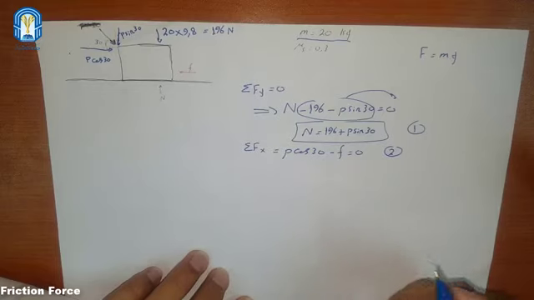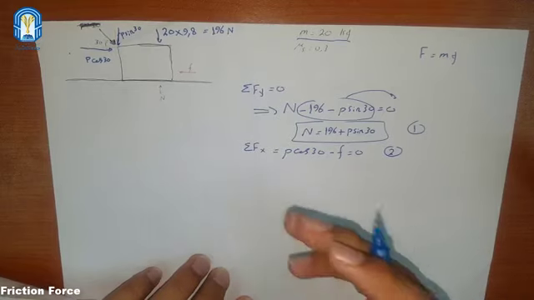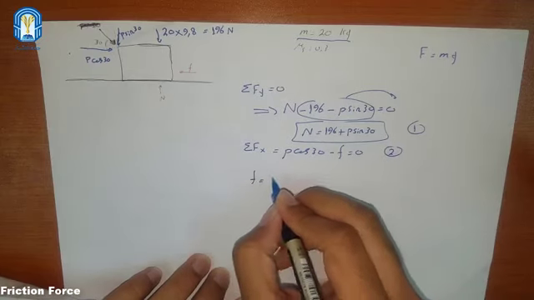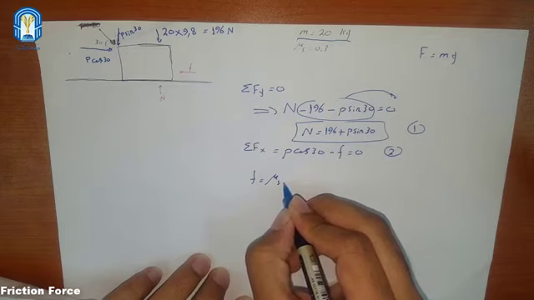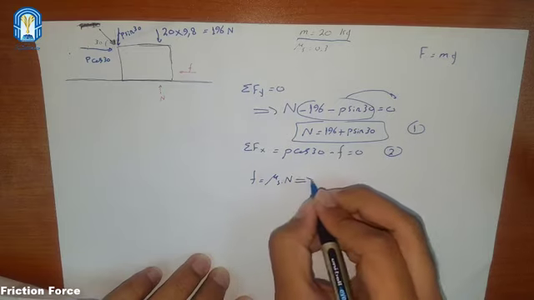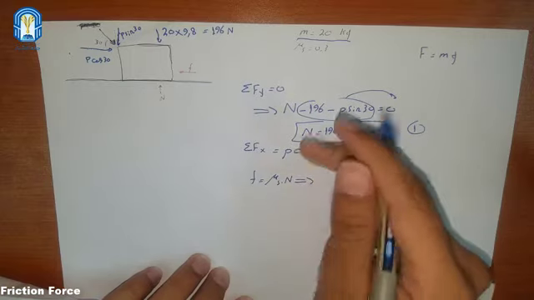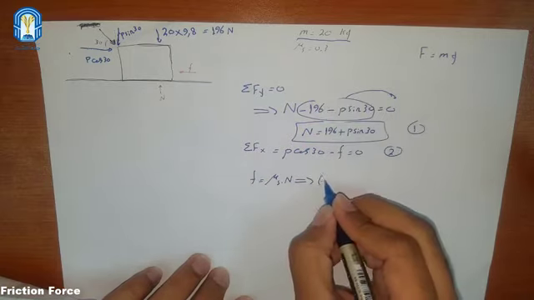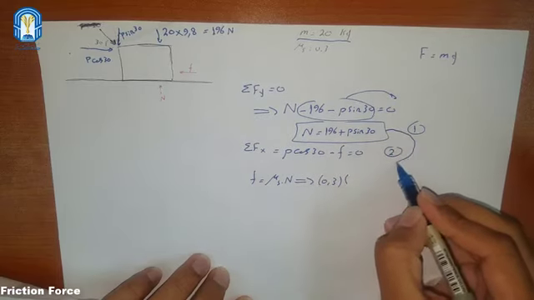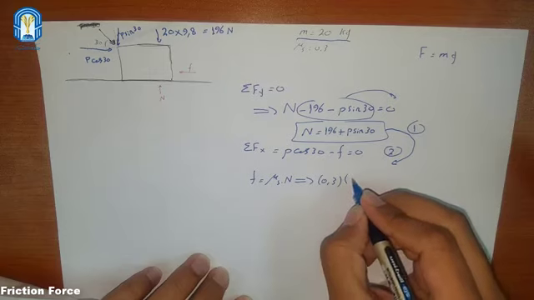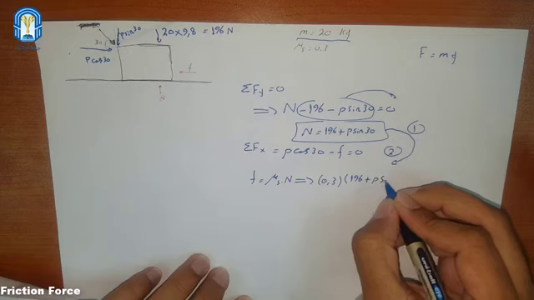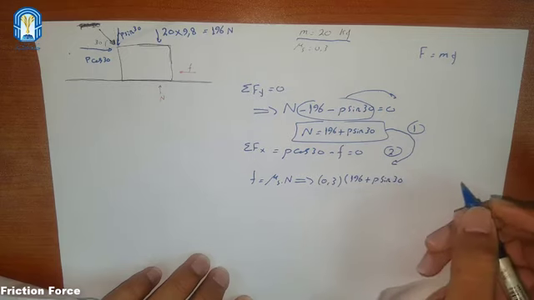Okay, and we have the law of friction, which is F equals mu s multiplied by N. We put the mu s here, which is 0.3, multiplied by N, and I will put N here as 196 plus P sine 30.